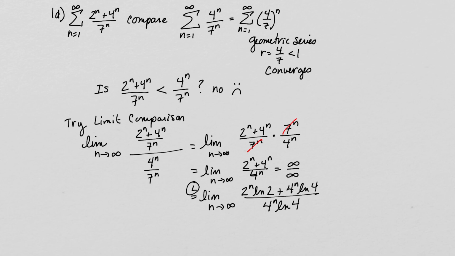So my limit didn't really get any better, right? And I still just have infinity over infinity. So I still can't really figure out what is going on here.